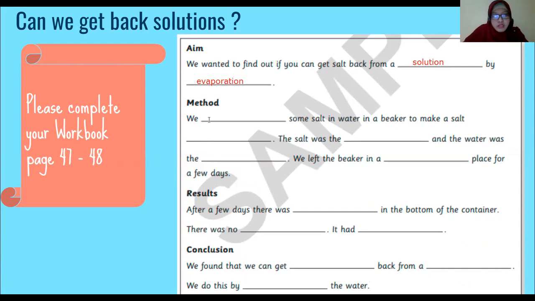And the method: we dissolved some salt in water in a beaker to make a salt solution.